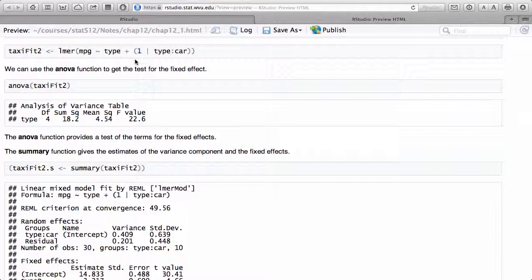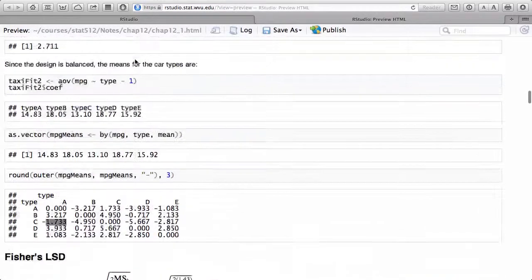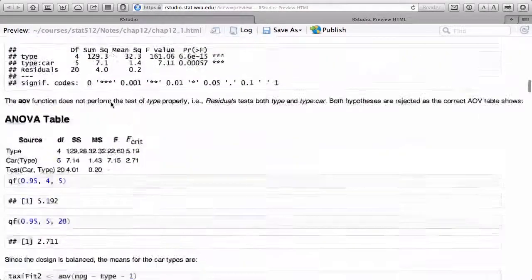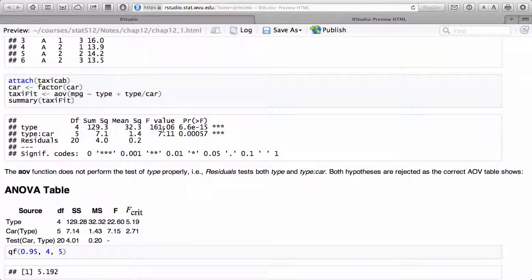Remember, when I did this before, that was done by hand. Just running it naively like this did not give you the correct F-test. It gave you 161.06. That's not the correct F-test.